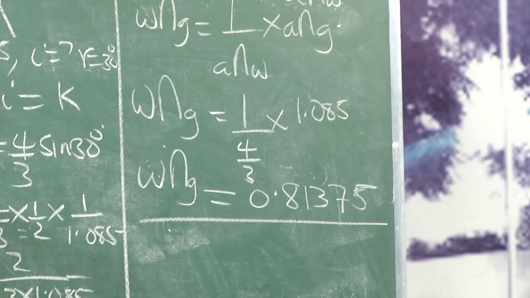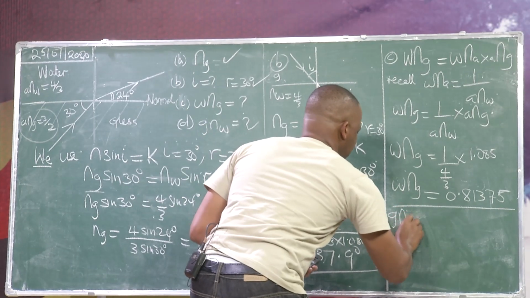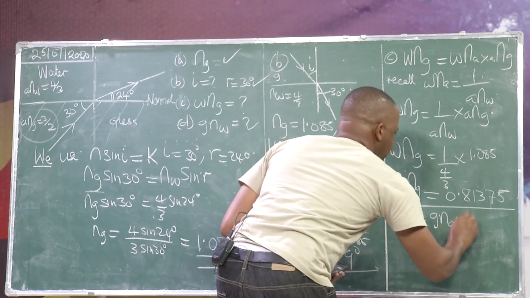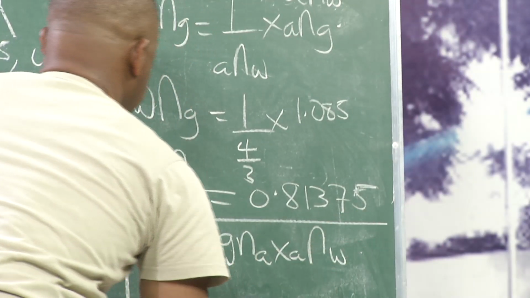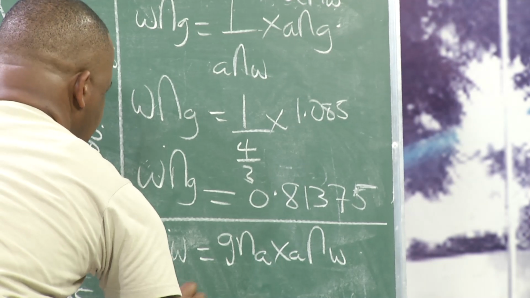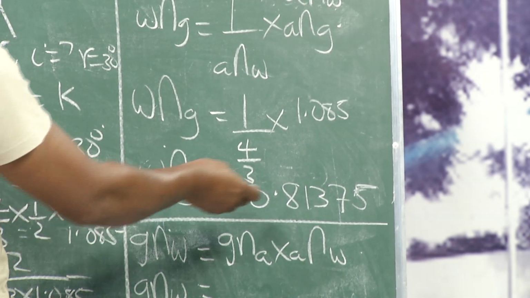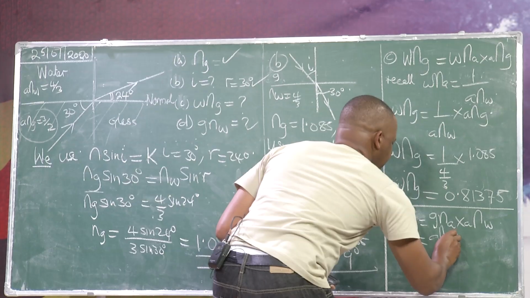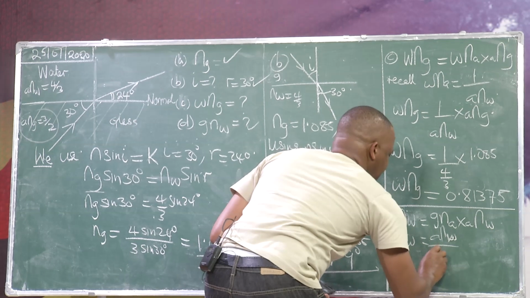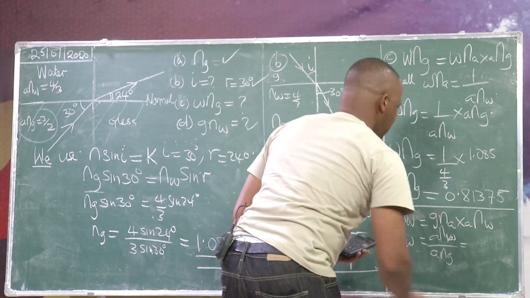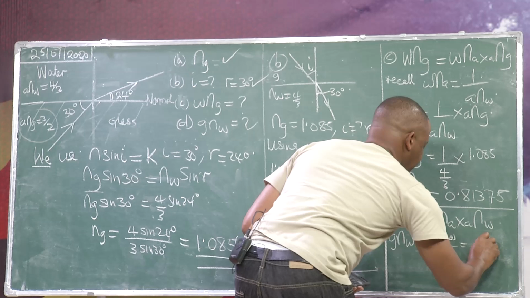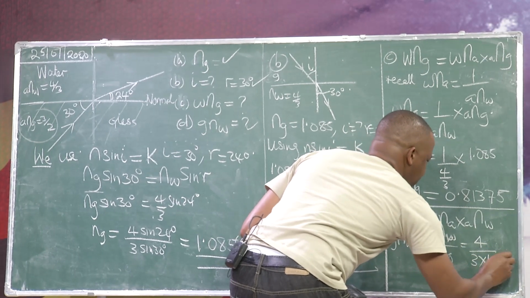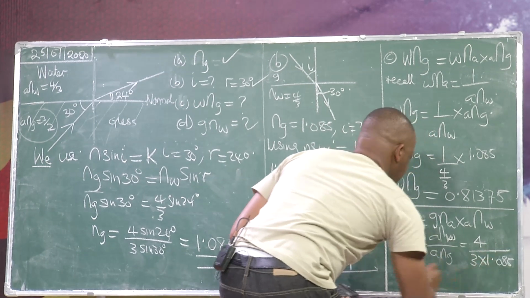Lastly, they wanted us to get gnw. Similarly, this is the same as gna times anw, and our gnw is actually the reciprocal of this. It is anw over ang. So it is going to give us the refractive index of water, which is 4 out of 3, over 1.085 when we substitute.